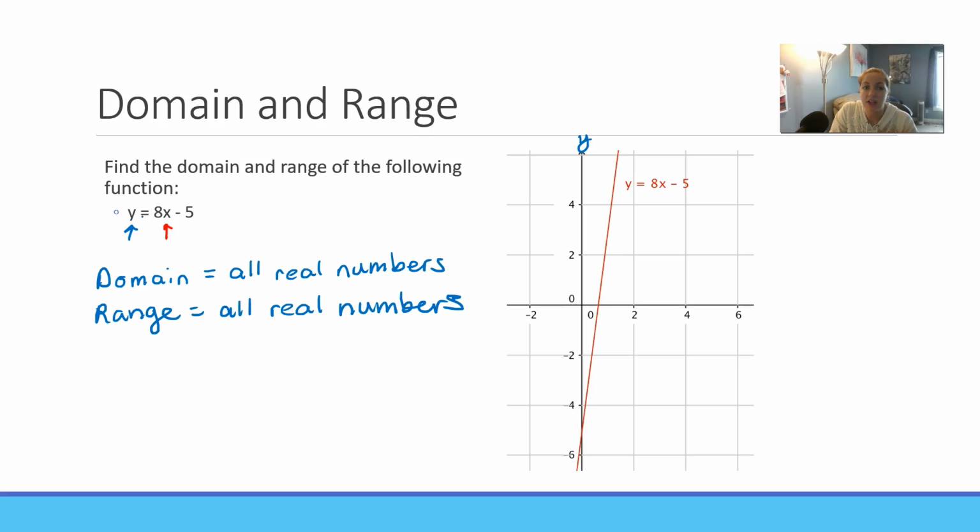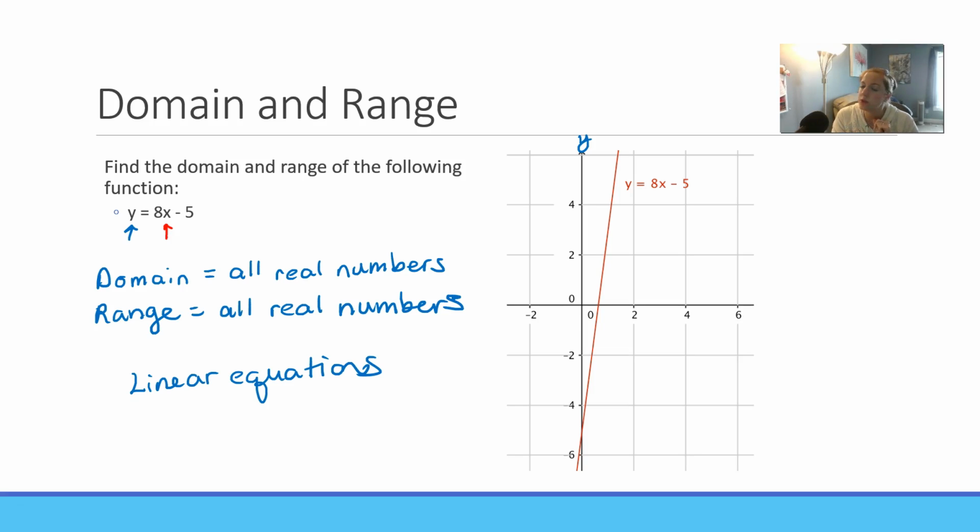In fact, we could actually solve for x and figure out what values I could put in for y. So a good rule of thumb to know is for linear equations, just like we graphed here, the domain and range are always going to be all real numbers. There's no restriction on them.